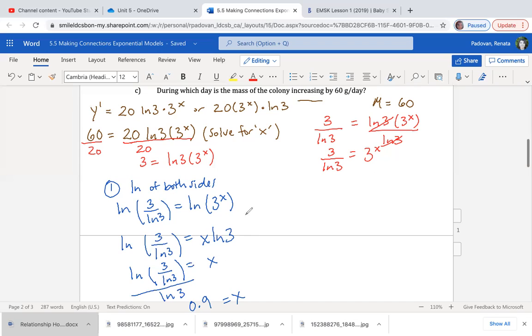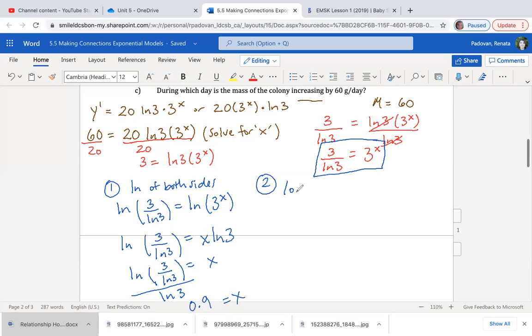Then I'll do my therefore statement, but I'll show you a second way of doing it as well. Because I have this step here, where I ask what do I need to do to solve for x, this is one way. Because I have a base of 3, I can change this into logarithmic form.